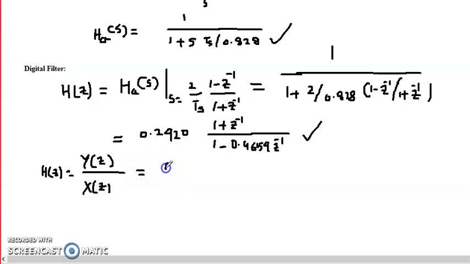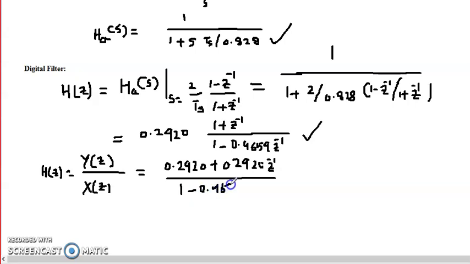So that will be (0.2920 plus 0.2920 z raised to power minus 1) divided by (1 minus 0.4659 z raised to power minus 1).